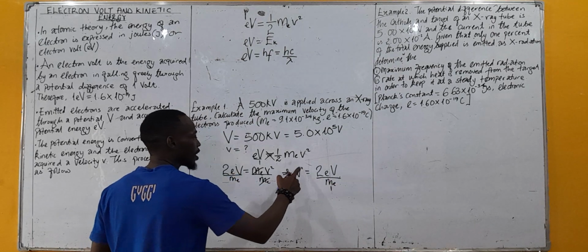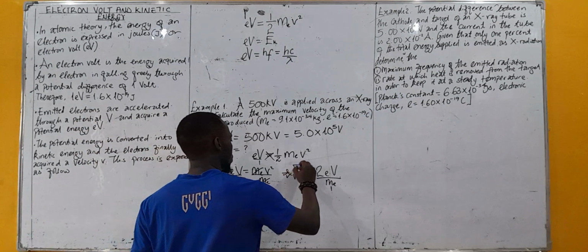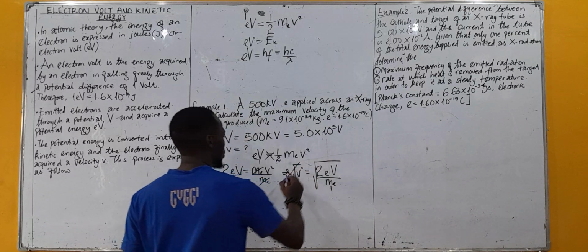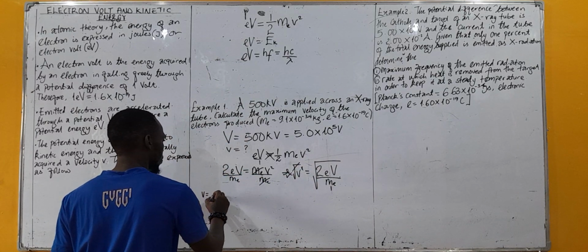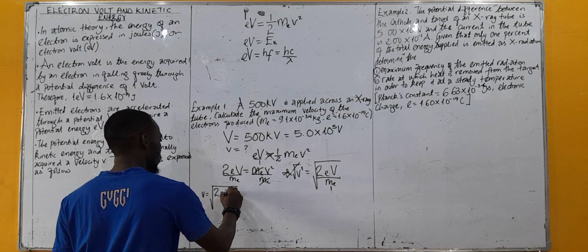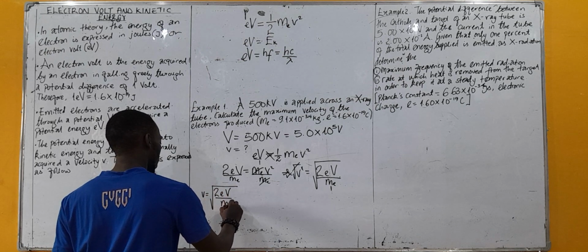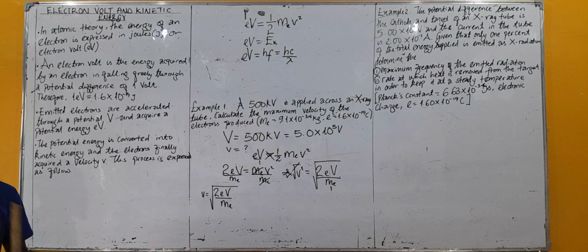Now how do I take away the square? I take the square root of both sides. So this square cancels this. What I'm left with is v equal to the square root of 2eV over m_e. So we're making use of this formula.